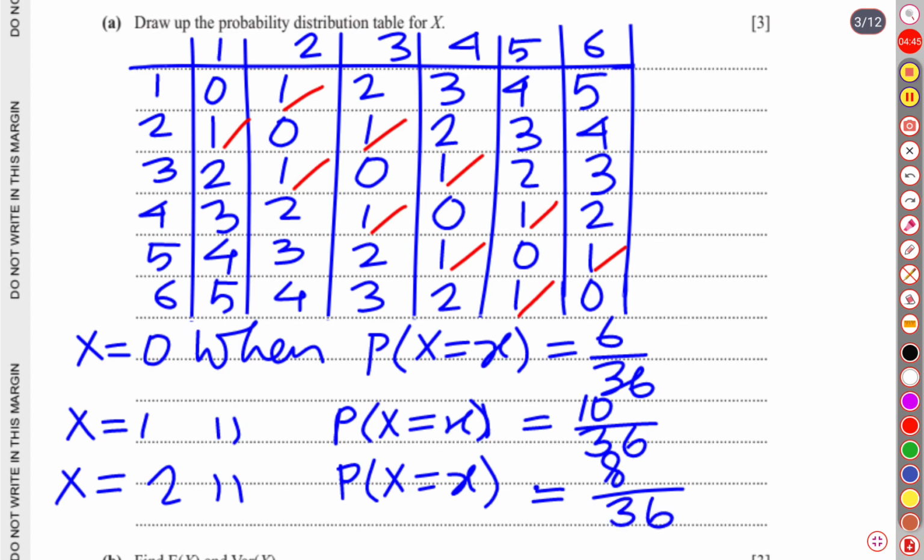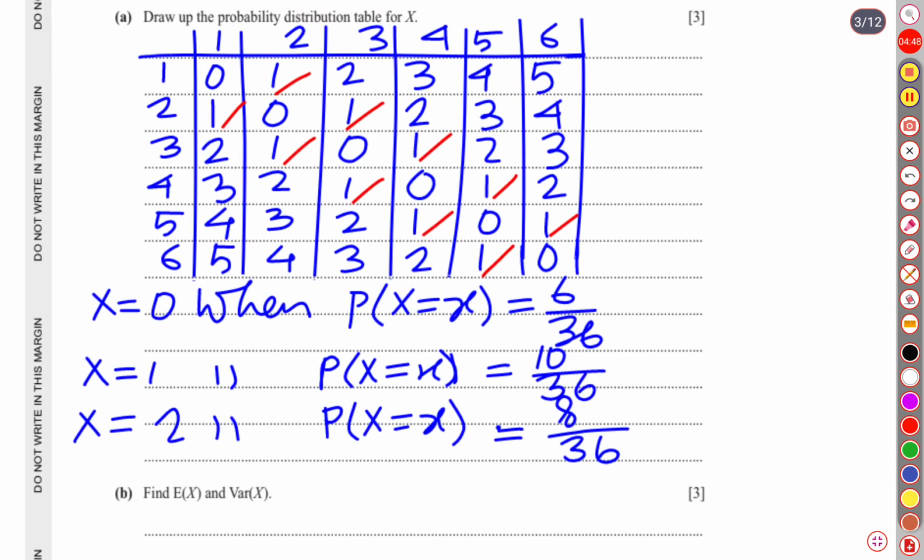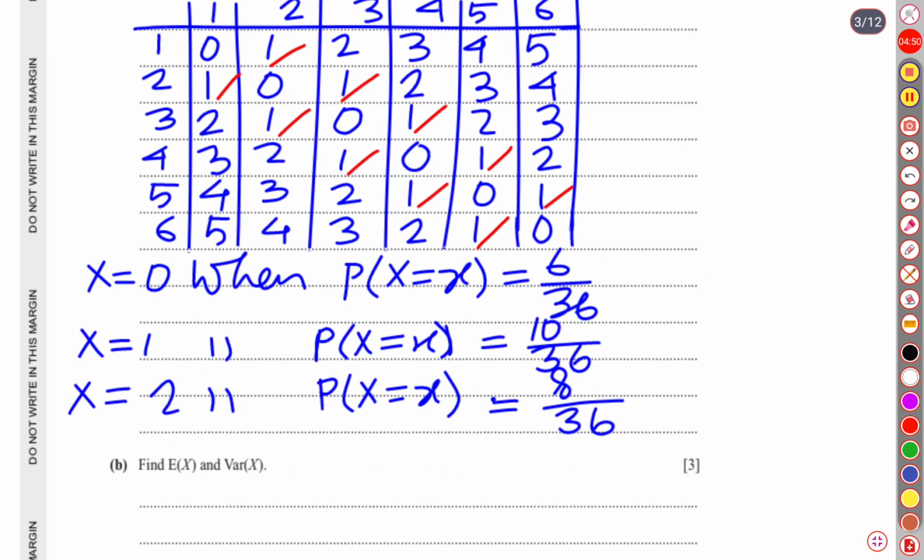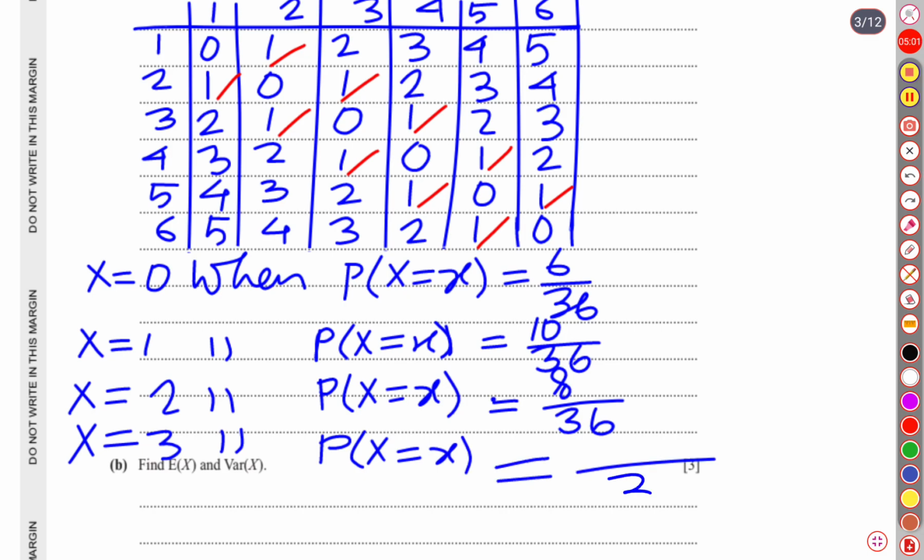Then when x takes the value of 3, how many threes are there? One, two, three, 4, 5, 6. There are 6 threes.